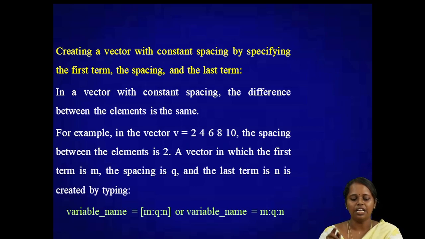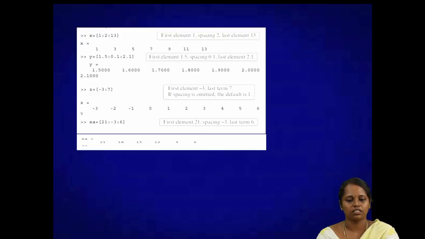The syntax is: variable name is equal to m colon q colon n. So m is the first element, n is the last element, and q is the spacing. We can also write this without square brackets. This is an example for creating a one-dimensional vector. Here x equals 1 colon 2 colon 13.